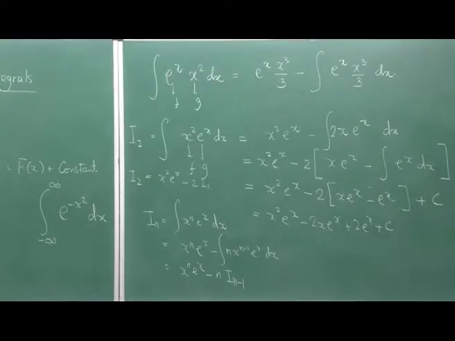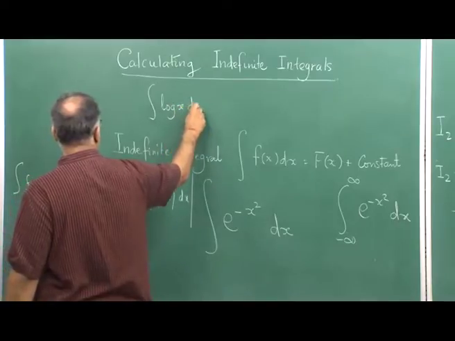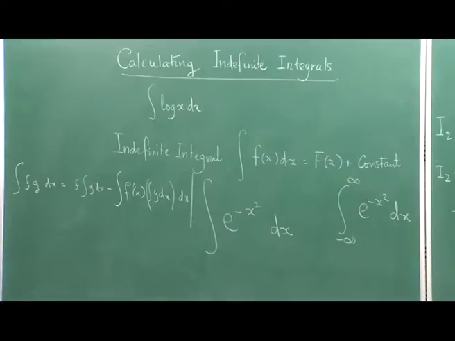So, integral of log x dx. Log x essentially we mean log to base e, in calculus that is the meaning. Base 10 we do not really want to work with, because you can do a lot of things when you have the exponential as the base. So, log x dx. How will you do this log x dx business?